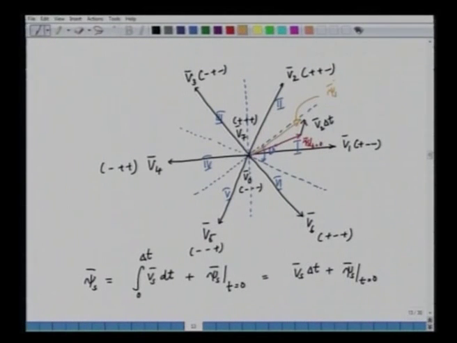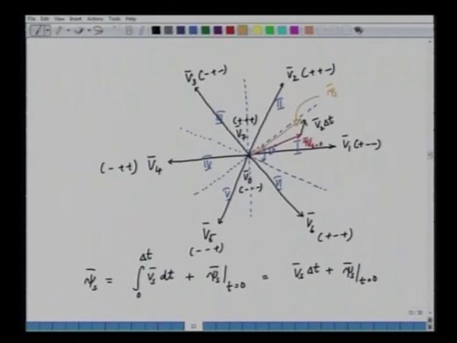So, we see that psi s has moved. When psi s has moved, gamma has changed. Gamma is the angle between psi r and psi s. The rotor flux psi r may be somewhere here, so, for example, this could be the position of the rotor flux vector. So, gamma has changed instantaneously, and gamma has increased, sine of gamma has also increased, and the torque has also increased.